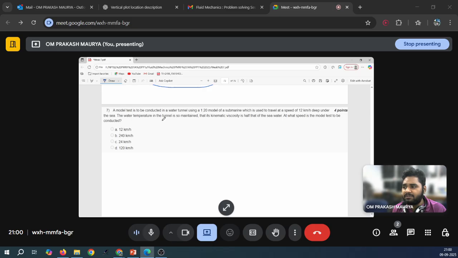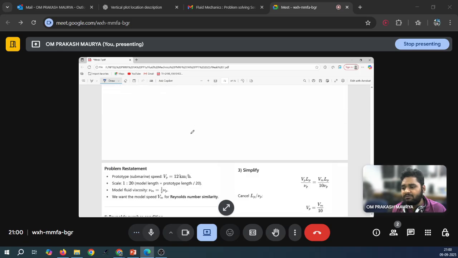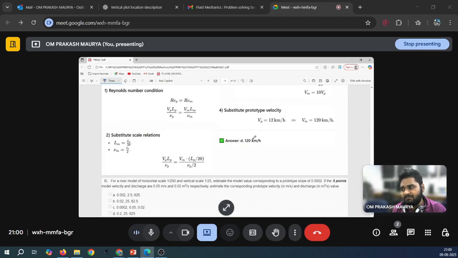The water temperature in the tunnel is so maintained that the kinematic viscosity is half of the sea water. At what speed is the model test to be conducted? So the explanation here is very clearly given. So you can go with this.